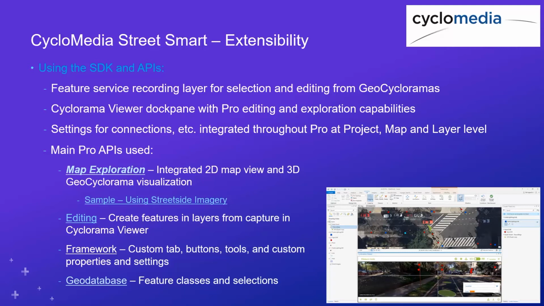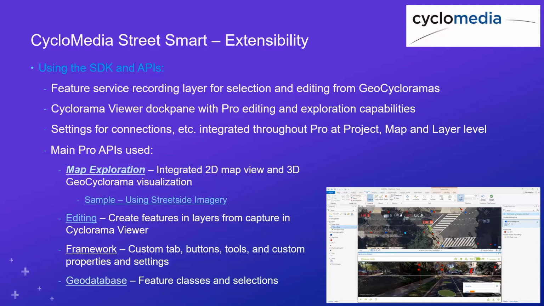That dock pane also has been provided with a series of tools which allow for Pro editing and exploration capabilities inside of the Geocyclorama, and how it's integrated directly with the map view. Settings, as you saw, also provide for connections to their server, and it's integrated throughout Pro at the project, map, and layer level. So some of the main Pro APIs that were used.